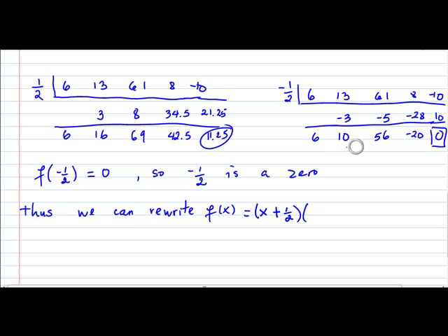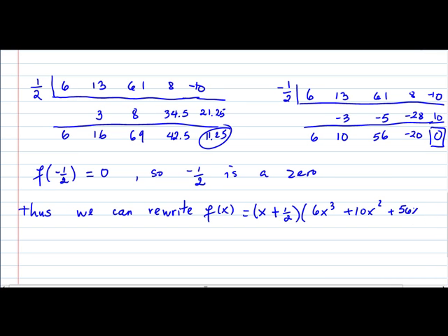And then this is our new factor here: 6x cubed plus 10x squared plus 56x minus 20. That's our factor.